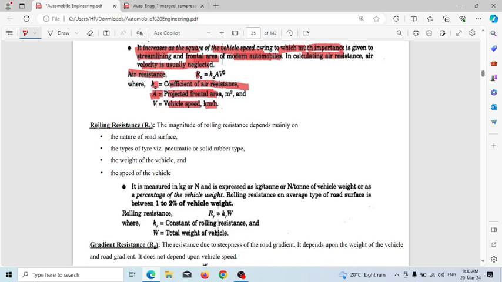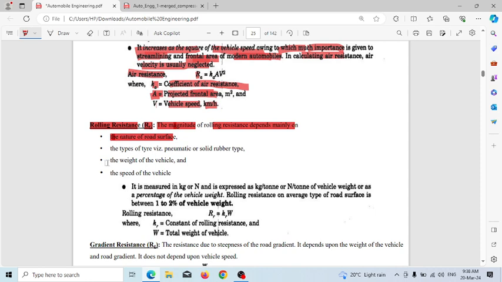Next is rolling resistance, RR. The magnitude of rolling resistance depends mainly on these important points which you have to remember, as questions come directly from them: what are the factors depending upon the rolling resistance?